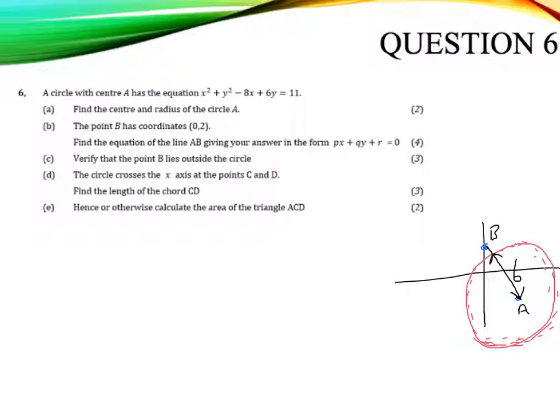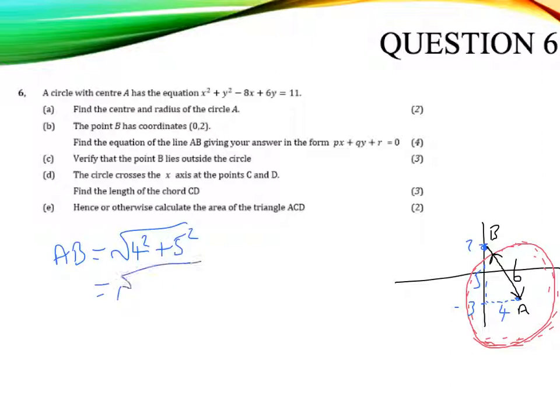So let's just go ahead and work out the length of the line AB then. Again, you can use Pythagoras' Theorem for this. So let's think about what we've got here. We're looking for this length. A, remember, was 4 along. This was minus 3 down here. And it goes up to 2. So we've gone 5 units up this way. So what we've got is that the length AB equals the square root of 4 squared plus 5 squared.